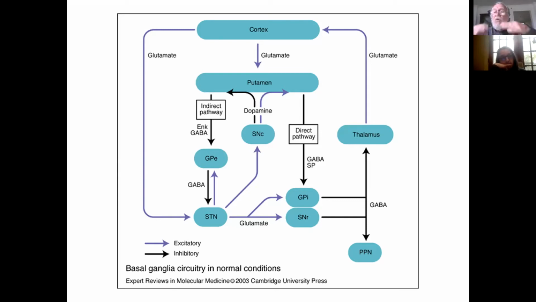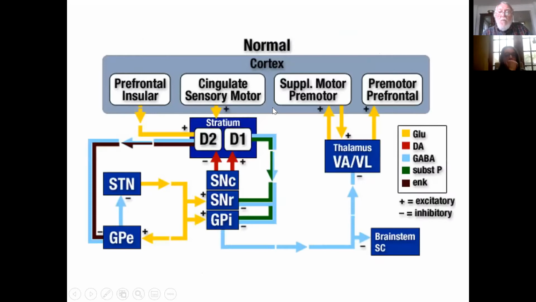what you basically have is this sort of resting state that is modulated by the substantia nigra pars compacta. And here is where this dopamine input comes in. So now this dopamine input coming from the substantia nigra pars compacta can act on D1 receptors.